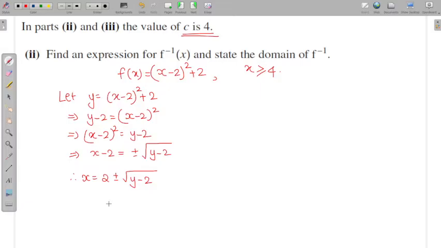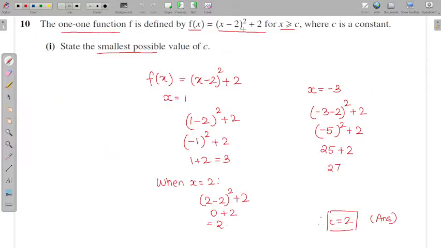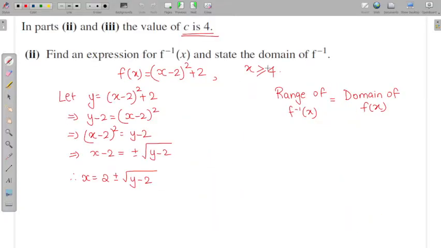Now when you give your final answer for the inverse function, you have to decide whether it's going to be a plus or a minus. For that, what we have to use is that the range of the inverse function is always equal to the domain of the function f of x. Here they have said in the question that x is greater than or equal to 4.